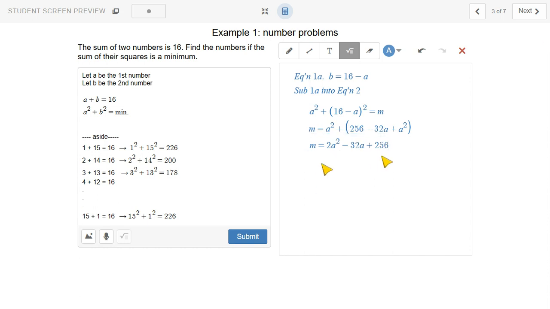Okay, so this is our quadratic relation in standard form. For me to get the vertex, I need to convert it into vertex form by completing the square. So let's take this point, and I'm going to start completing the square.